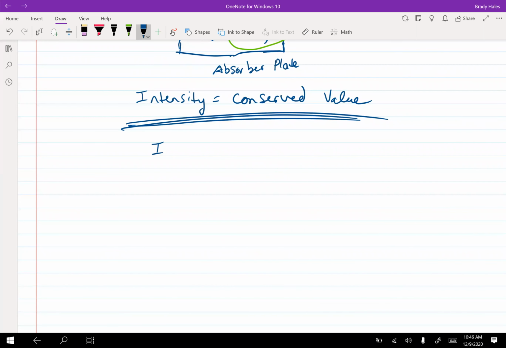The spectral directional intensity has units of watts per meter squared, direction, I'm just putting direction as a unit here, whatever direction you want, and meters for lambda, and steradians. Steradians is that dimensionless area unit.